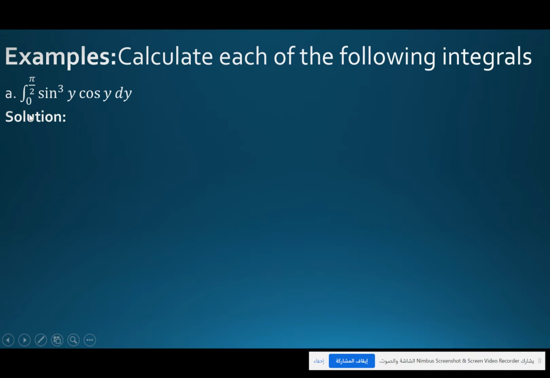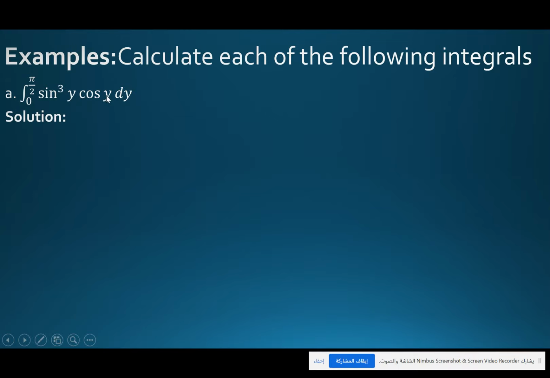Another example is saying the integration from 0 till pi over 2. You can see that we can also deal with definite integrals. For sine cubed y, cosine y, dy. And here you can see that we have sine to a power of 3 with the letter y, and it is multiplied by the derivative of sine, which is cosine.